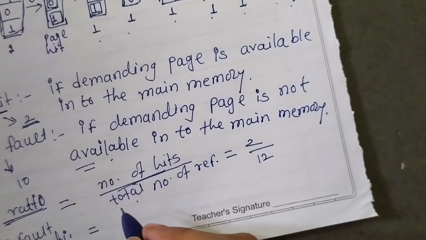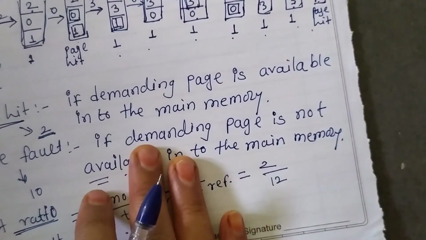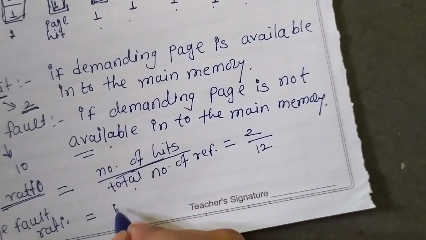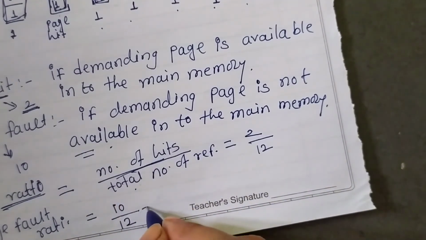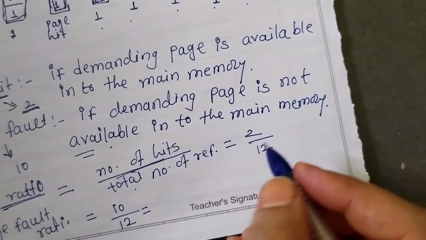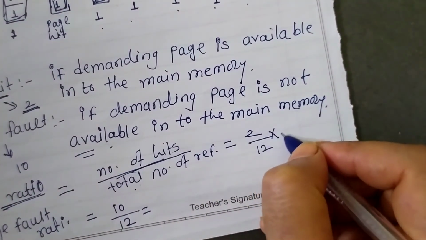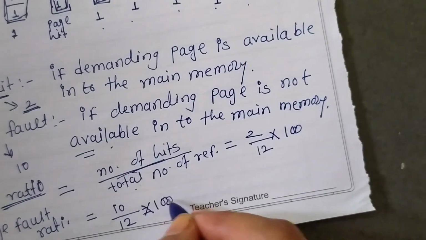And the page fault ratio is the total number of page faults divided by the total number of references. Total page faults are 10, and total references are 12. Multiply each by 100.